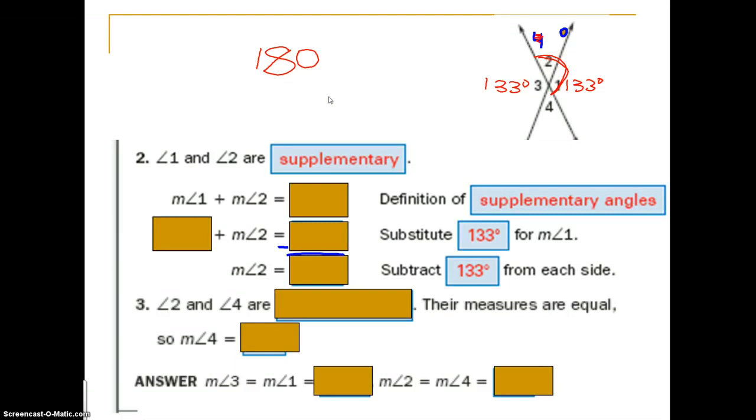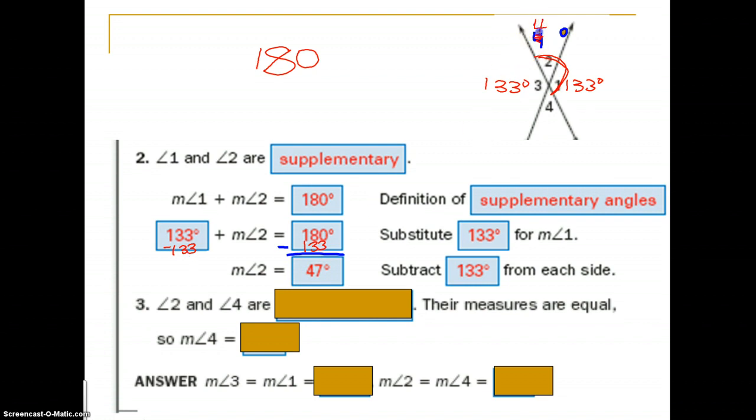If I add 1 and 2 together, you should get 180. I already know angle 1, and that little m means the measure of angle 1 is 133. If I subtract 133 from both sides, you get 47 degrees.